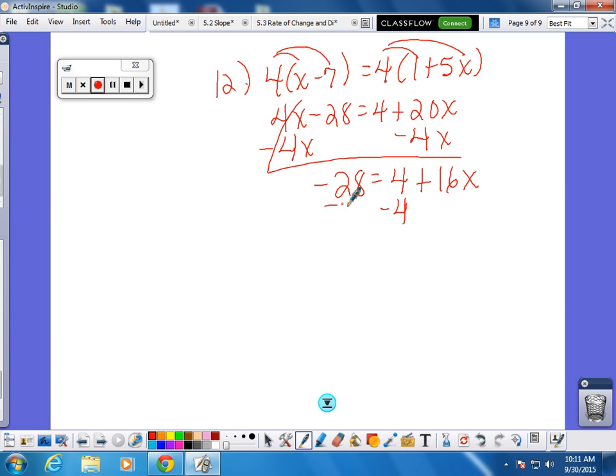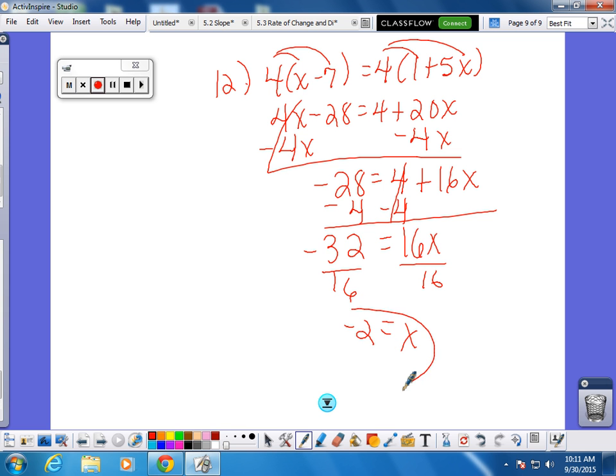Subtract 4 from both sides. That gives me negative 32. Divide by 16, what's x? Negative 2. Questions? We've got 3 more.